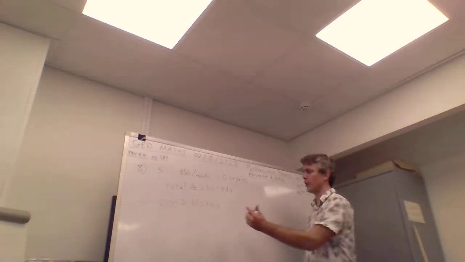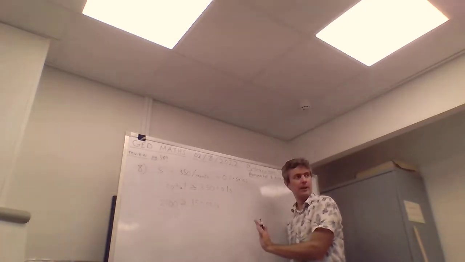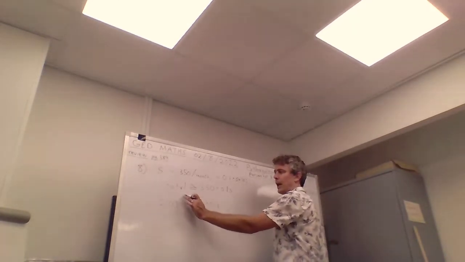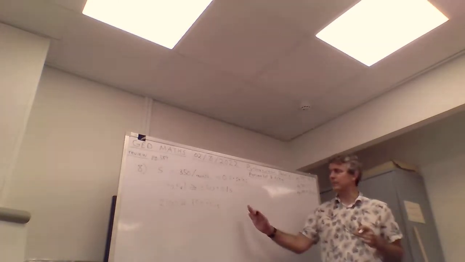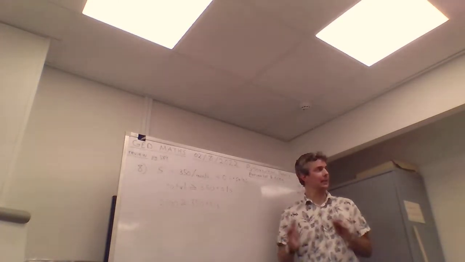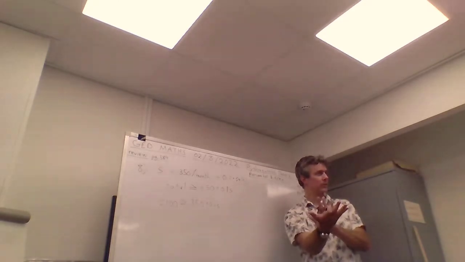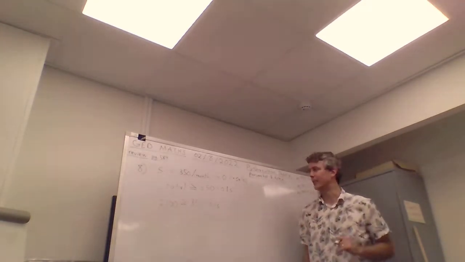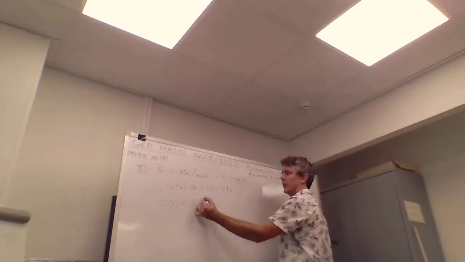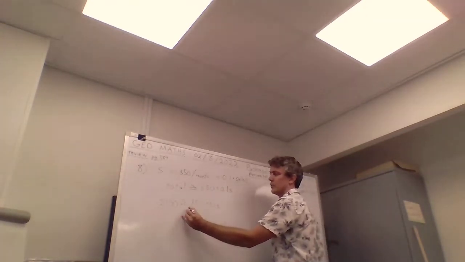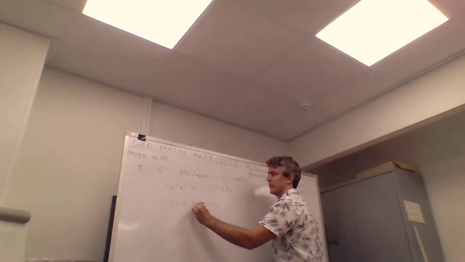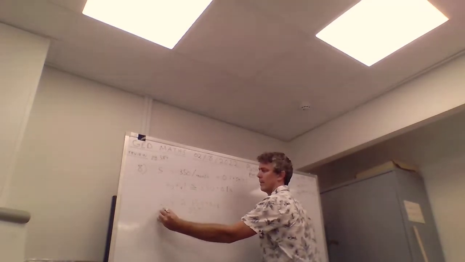Okay. So first of all, we need to get s by itself, right? And remember, when you're dealing with a greater than or less than, you treat it like an equals. Unless you divide or multiply by a negative number. Then you turn it. Remember that? Yeah. Okay. So we want to get rid of the constant here. We want to have just something in terms of s on this side. So we subtract 350, right?